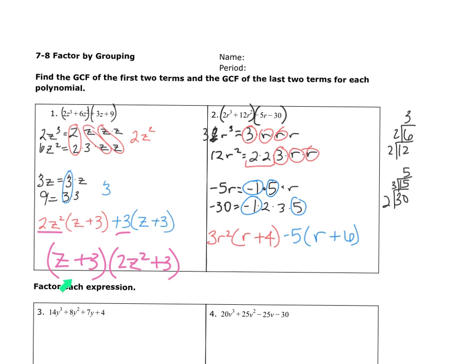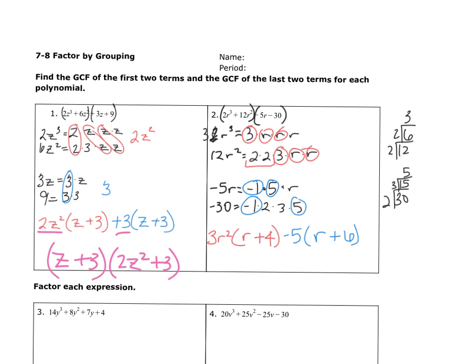No, because that's how the distribution works. Remember, we were taking that first term times the second binomial, the second term times the second binomial. Exactly. But here in the second example, are my two binomials the same? No, so that's as far as we could factor. A binomial, r plus 4 is a binomial because it has 2 terms. r plus 6 is a binomial because it has 2 terms.